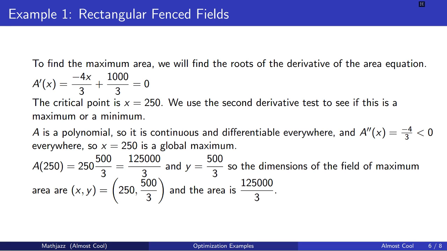And when we solved for y earlier from the perimeter equation, if we plug 250 in for x in that equation, we find that y must be 500 over 3. So that gives us dimensions of 250 and 500 over 3 as the x and y dimensions of those two fields together. And we know that the area is 125,000 over 3.